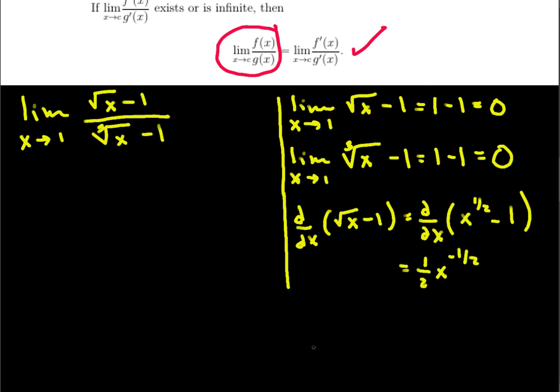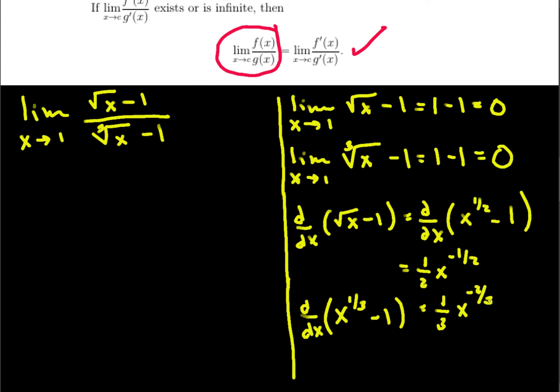So that's the derivative of the numerator. The derivative of the denominator, which I'll write as x to the 1/3 minus 1, is equal to 1/3 x to the negative 2/3.